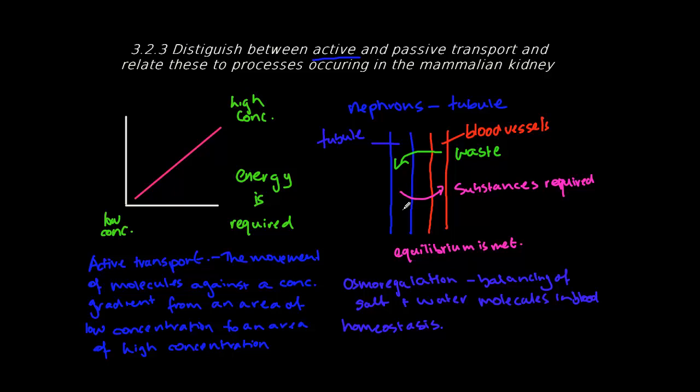Salt is moved by active transport back into the blood vessels, and water moves by osmosis passively. We'll finally look at the role of active transport, why it's so important in the mammalian kidney.